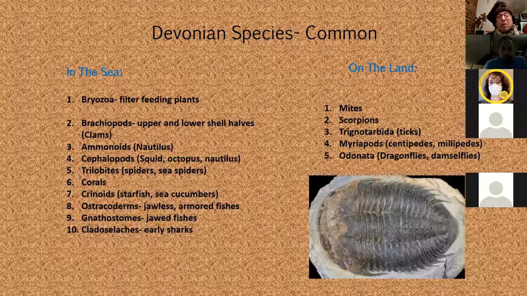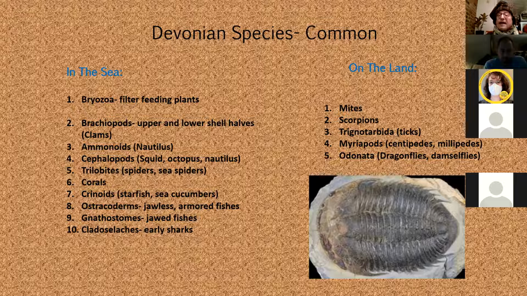Ammonids, which they're related to the nautilus. Cephalopods, which are related to squid, octopus, cuttlefish, also in some cases nautilus. Trilobites, which are related to spiders, and in particular sea spiders.